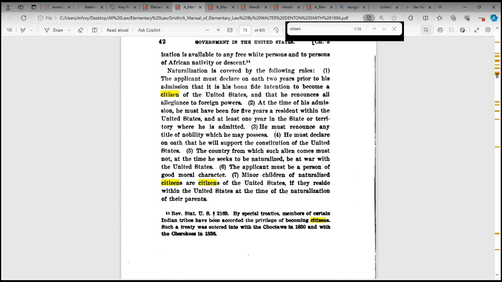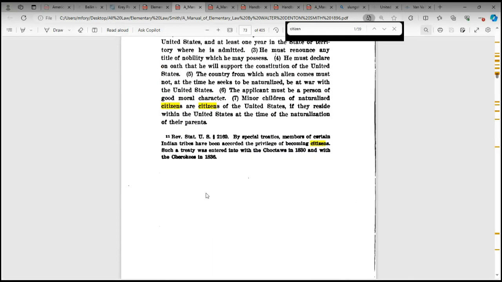Now, a court case for this to read will be Elk versus Wilkins. I can't remember the rest of the citation, but that is a case where an Indian born on his reservation, which is federal territory and not part of the state, so that means that the 14th Amendment does not apply to him, right?